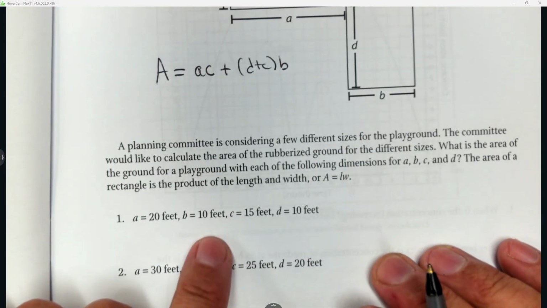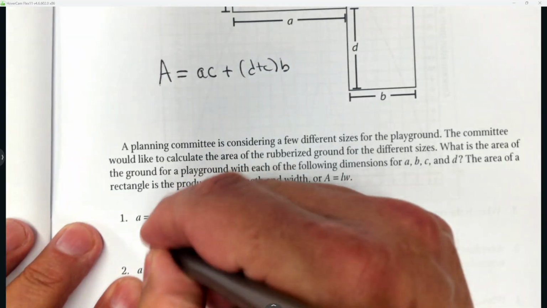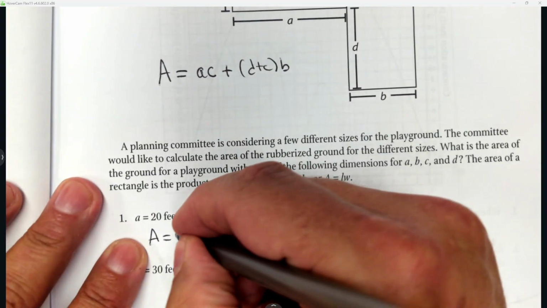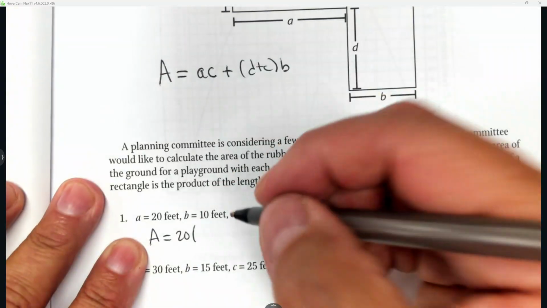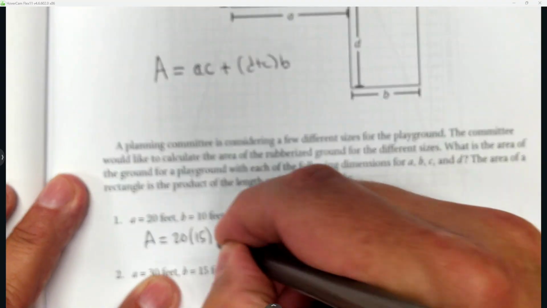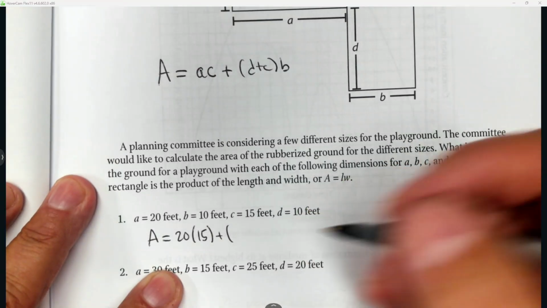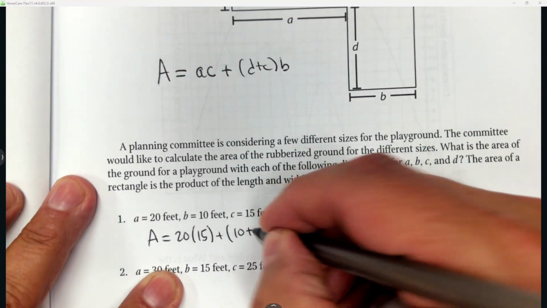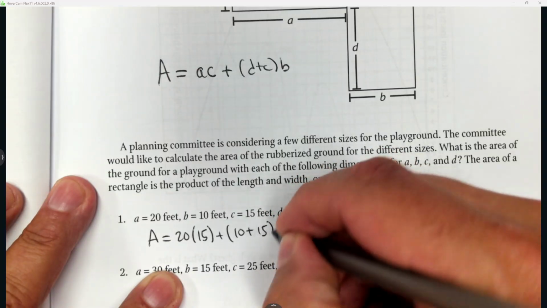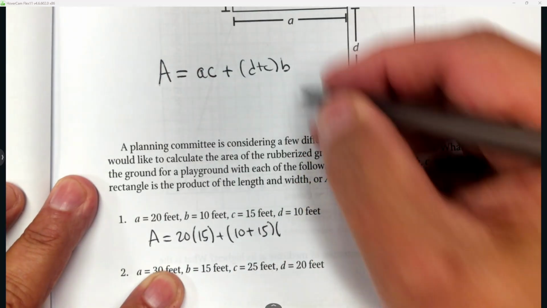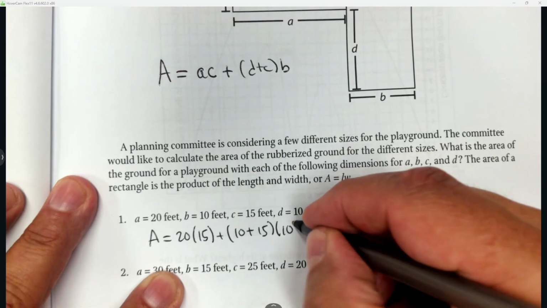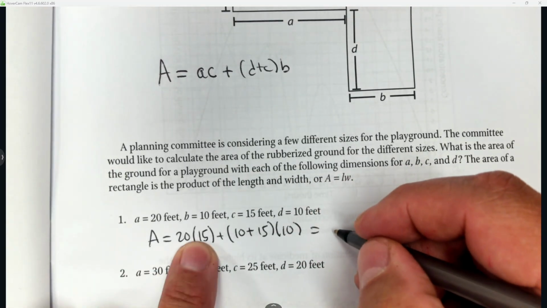Then I'm going to use this to figure out the area using different numbers for A, B, C, and D. So for the first one, A is 20, C is 15, D is 10 plus C, which is 15, and you multiply that times B, which is 10. So let's see if I can do this without a calculator.